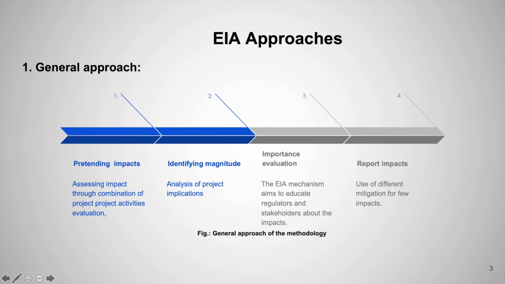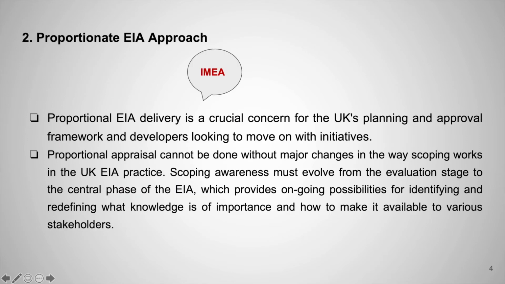The next point is EIA approaches used in this methodology. The first one is the general approach. There are 4 steps involved in this approach, which are predicting impacts, finding magnitude, importance evaluation, and finally reporting impacts.